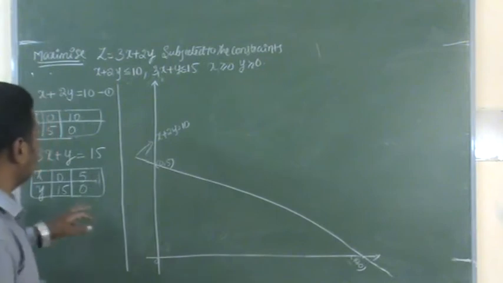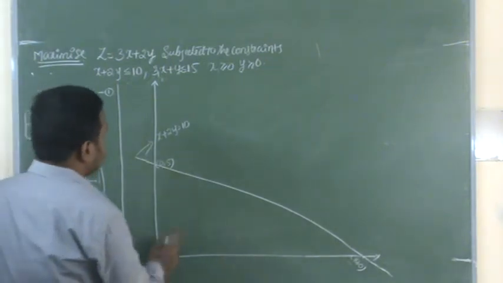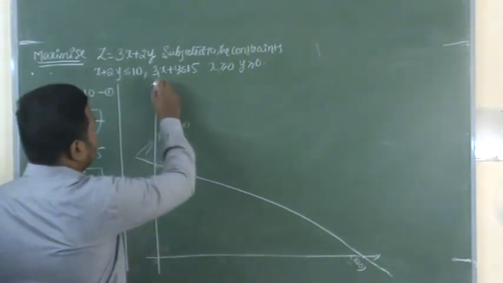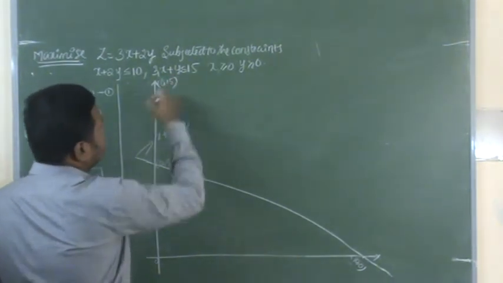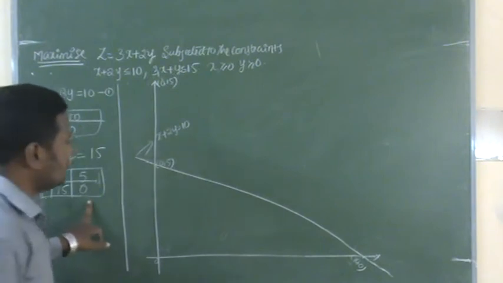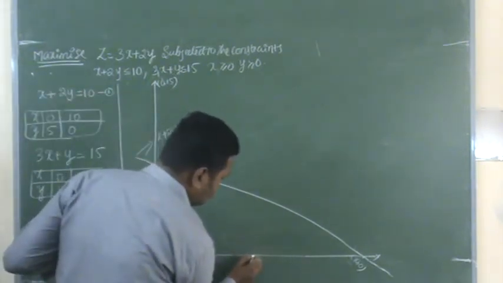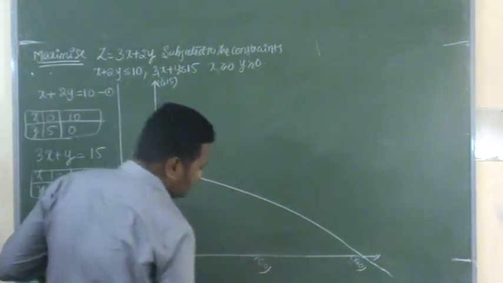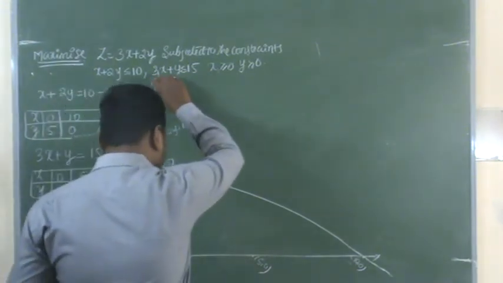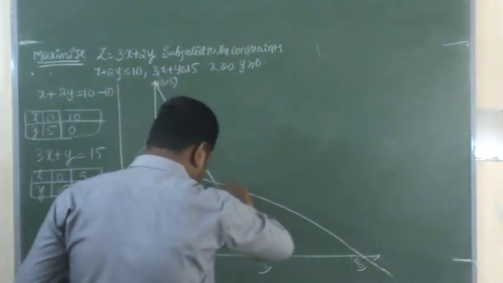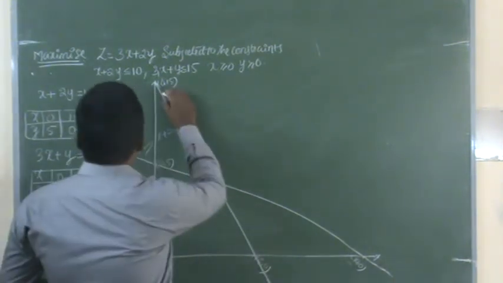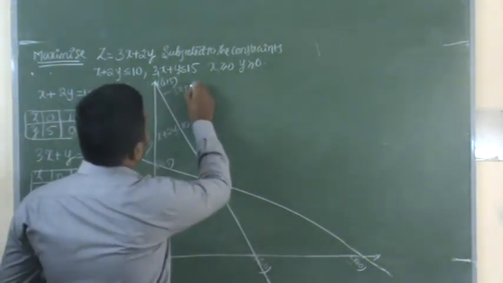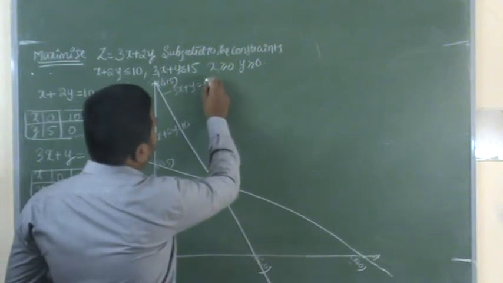For the second equation, the points are (0, 15) and (5, 0). This is the second line, 3x plus y is equal to 15.